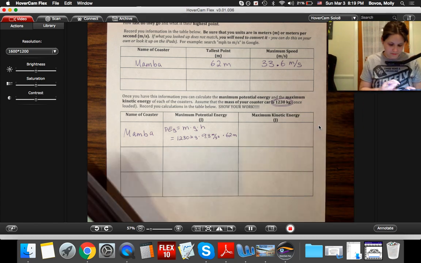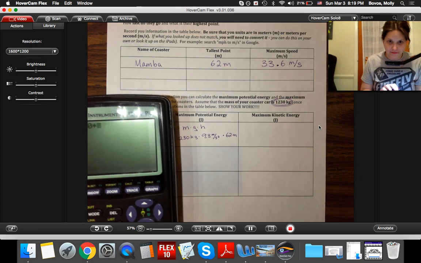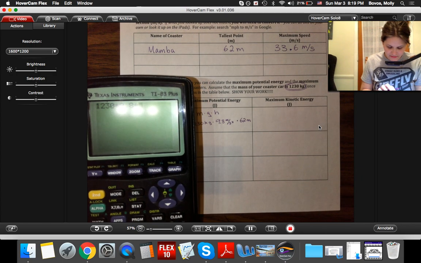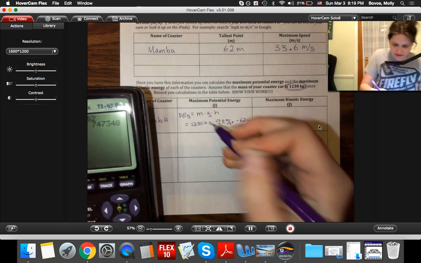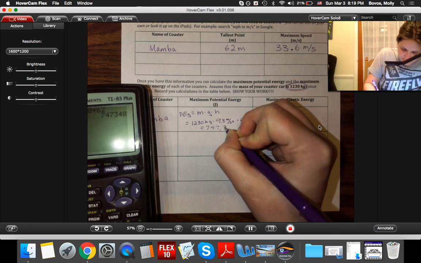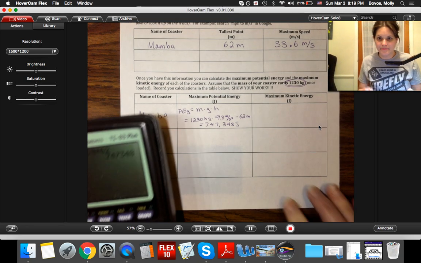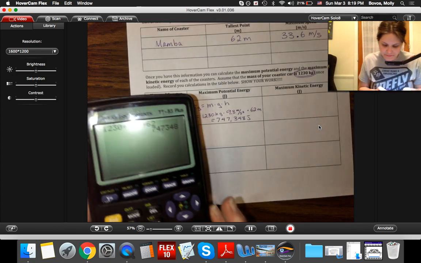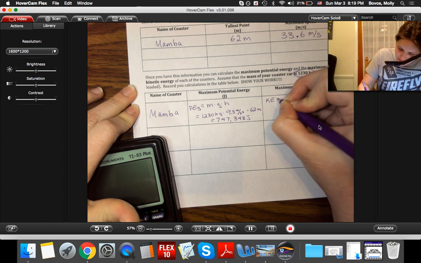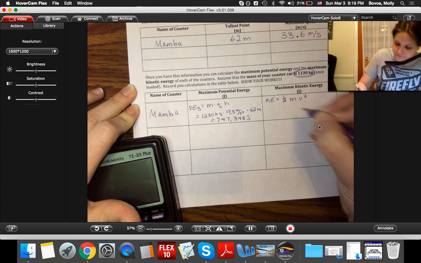Okay, plug that into my calculator real quick. 1230 times 9.8 times 62, and I get 747,348 joules. Okay, and then for maximum speed, I'm going to use the formula KE equals 1/2 mv squared.